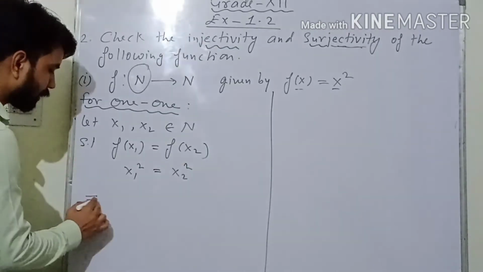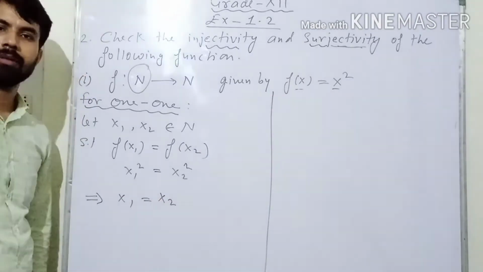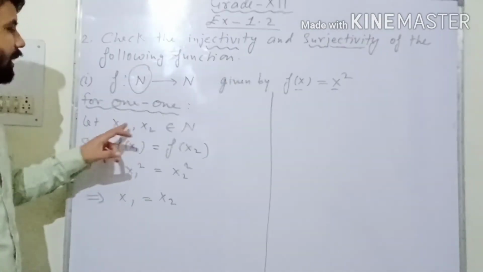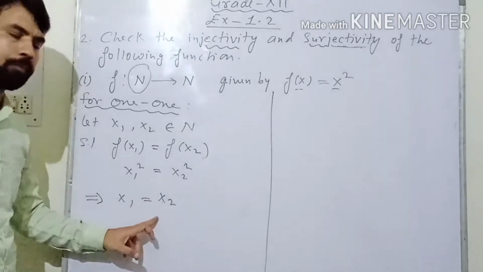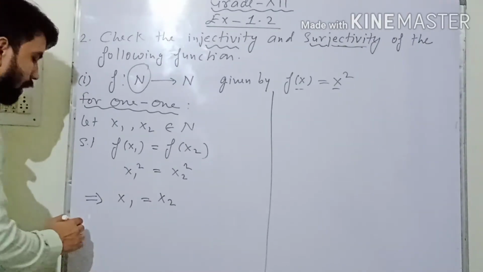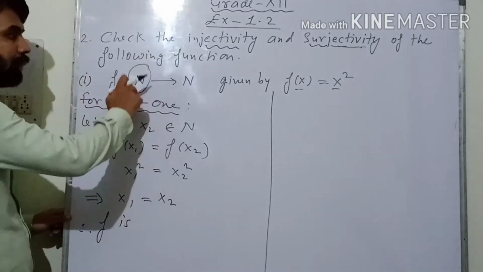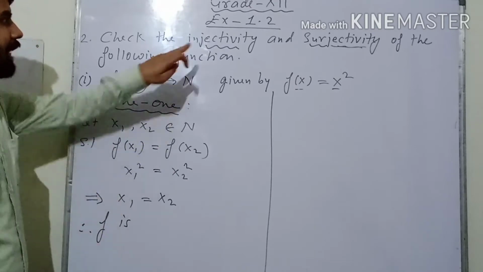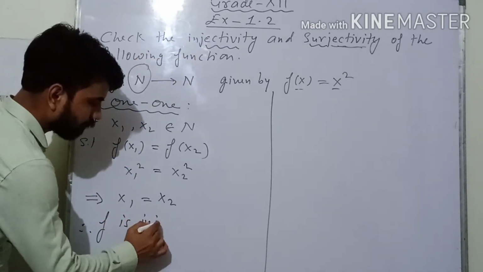Then we get x1 equals x2. That means x1 and x2 are not two different elements. They are the same. That's why their images are the same. So hence f is one-one, which means injective.